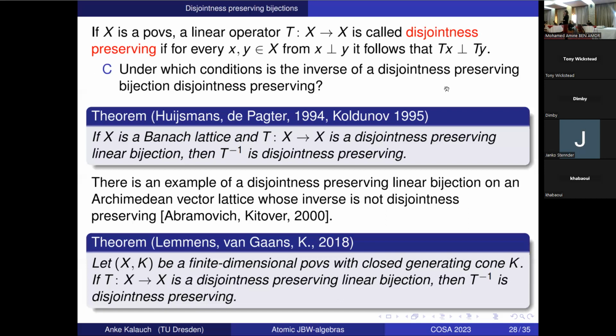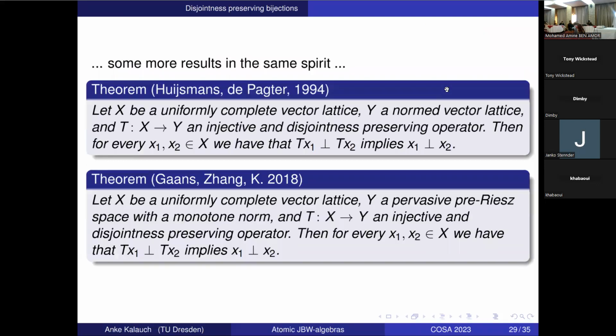And it was kind of a surprise. We didn't expect this, that in finite dimensions, everything works well. That in finite dimensional Prairie spaces, the same result is practically true. And then we were kind of motivated also to look at more infinite dimensional settings. Just give some results in a similar spirit.